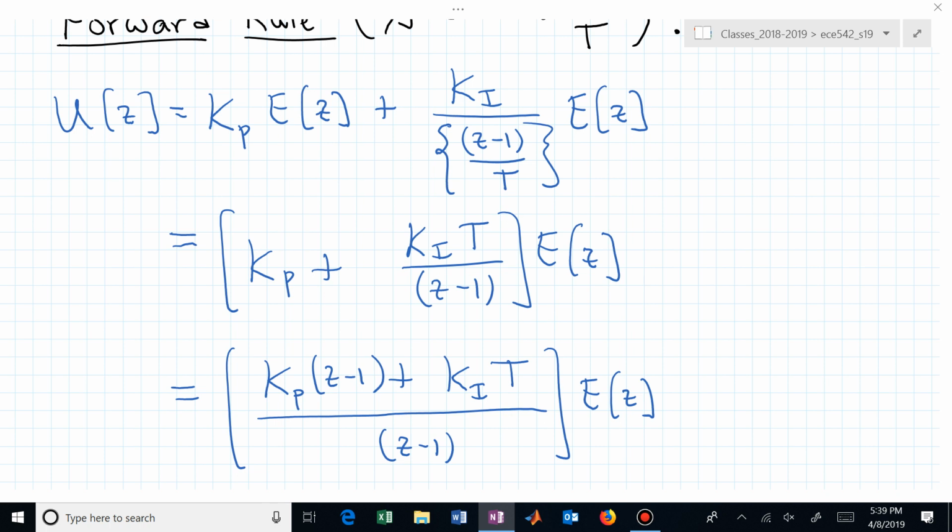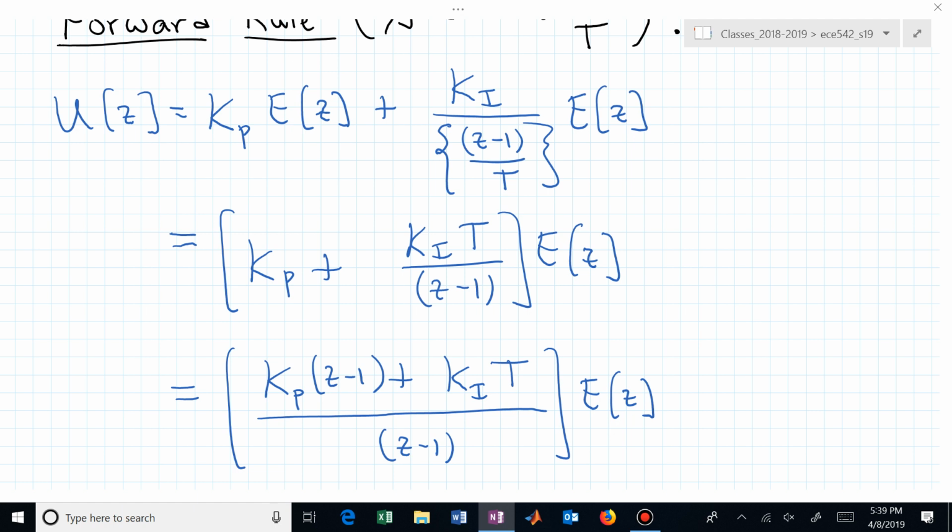Hopefully these steps don't confuse you, but they may go by pretty fast the way I'm scrolling through them. But now we see that we have a numerator polynomial in z, and we have a denominator polynomial in z, and what is fixed in that representation and what can we influence?